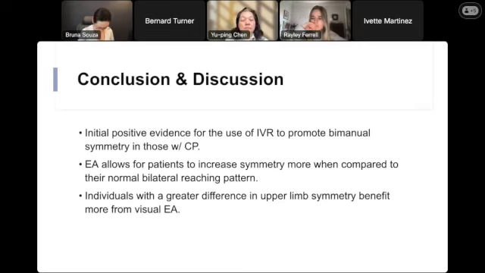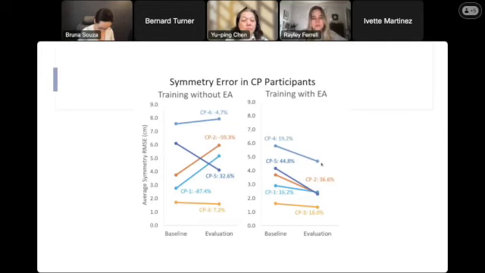And we can go back to this graph and see that. So you can look at participant CP3 in the right graph. He already has a low baseline for his symmetrical error, so he doesn't improve as much. But you can see somebody like participant CP5 has a higher baseline error and improves a lot compared to CP3 in decreasing his asymmetry.